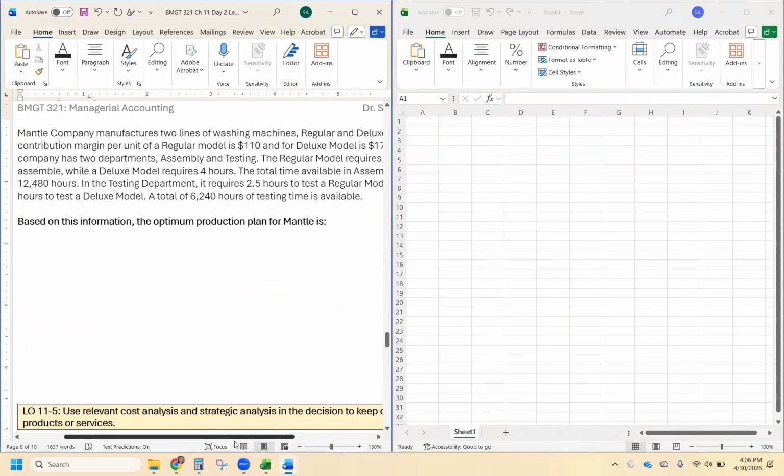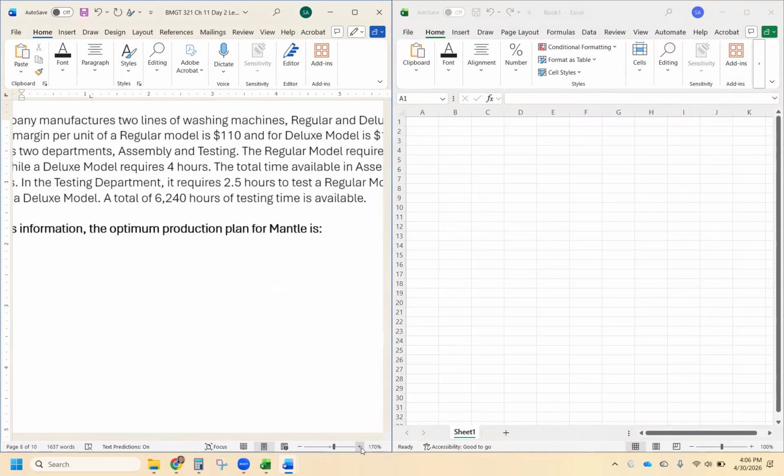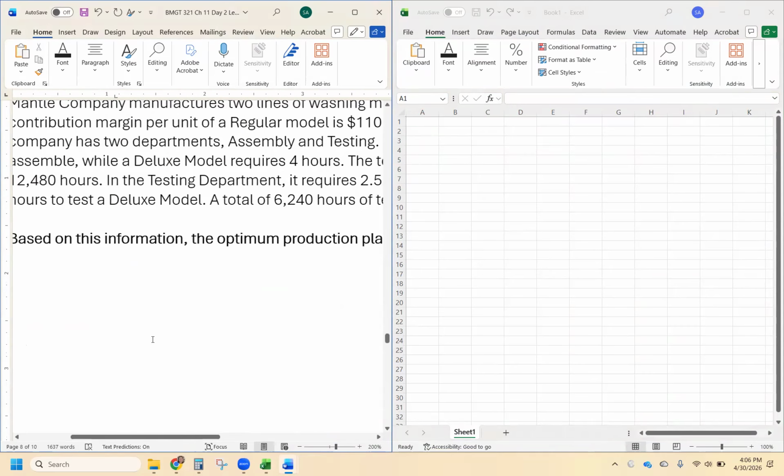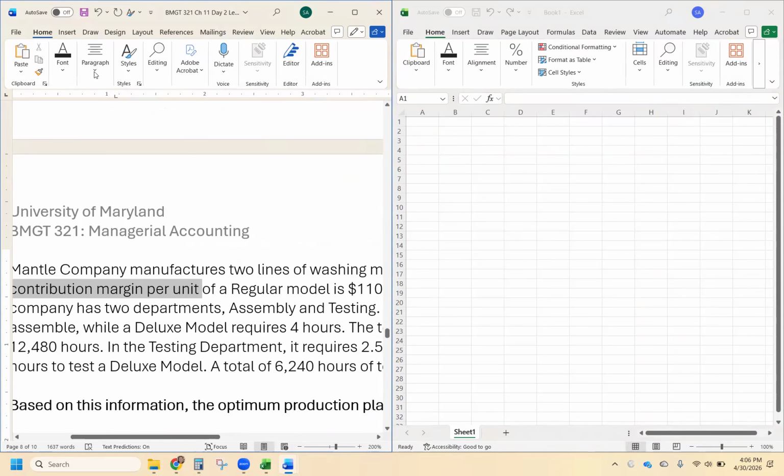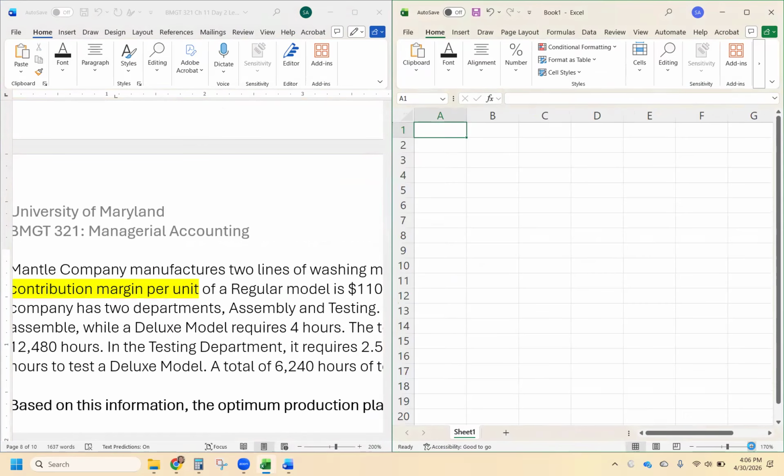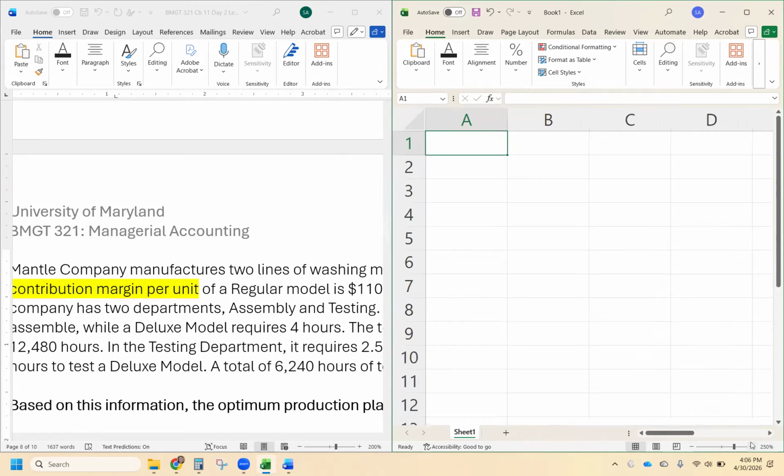So when I first read that, I think, all right, it's telling me the contribution margin per unit. And I know what the contribution margin per unit means. I do know a formula about that. If I have my sales and I subtract my variable costs, then I will get my contribution margin.